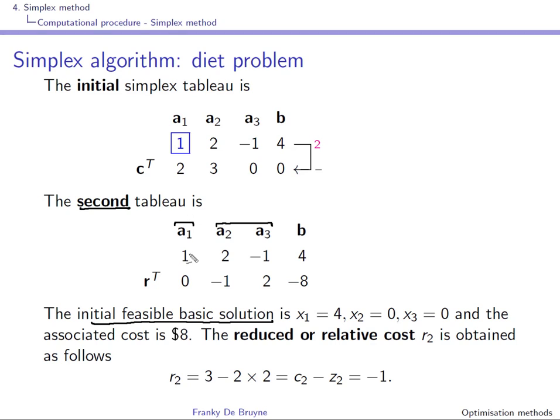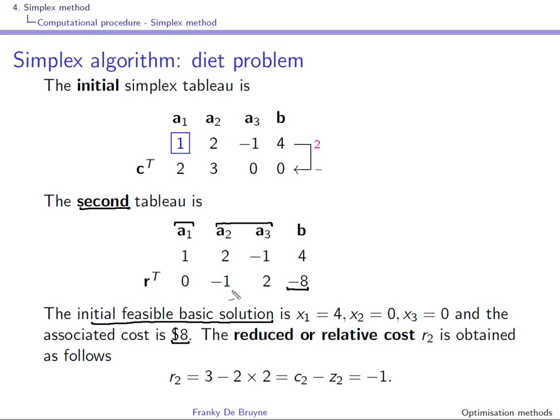So we have x1 is equal to 4, and you set, of course, the other two variables x2 and x3 to 0. And as you can see, since we read here the opposite of the cost, the associated cost is $8. So it's 4 times $2, right?